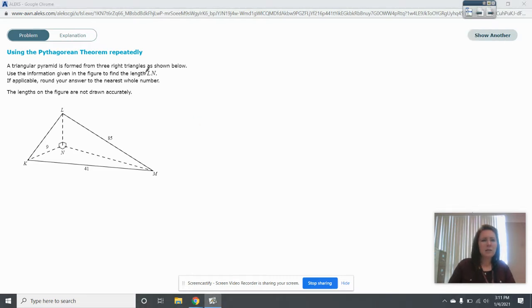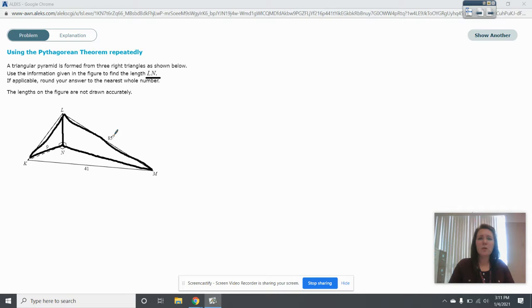Now, our goal is to find the length LN, which is right here. LN is kind of the border of two triangles. I have this triangle right here, which only has one side that we know of yet. So we couldn't use Pythagorean theorem to find LN. And we have this triangle on the other side of LN, which also only has one side.